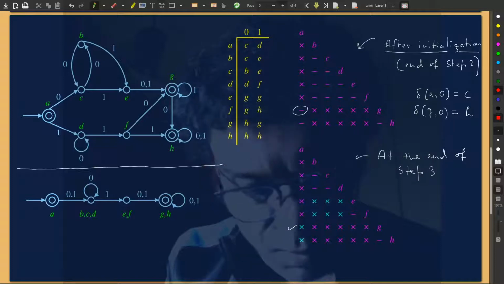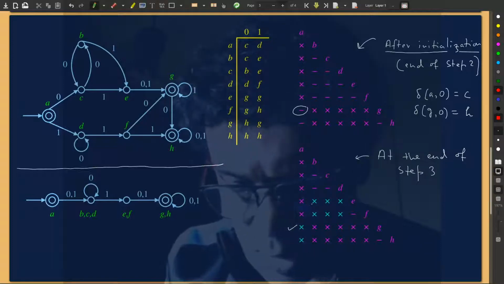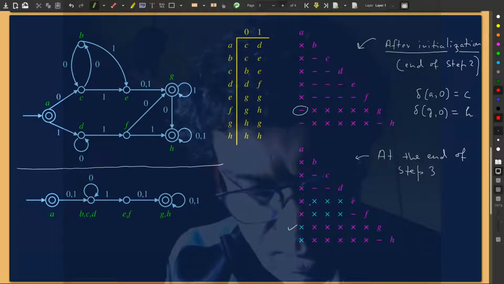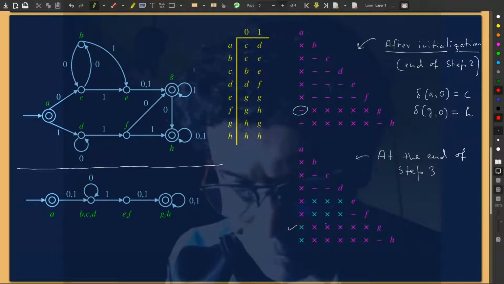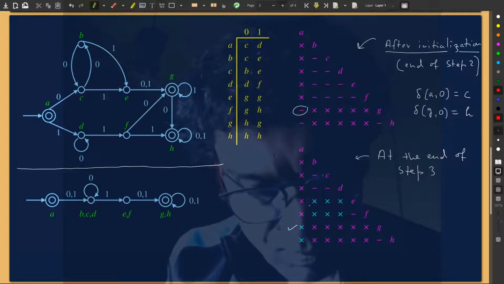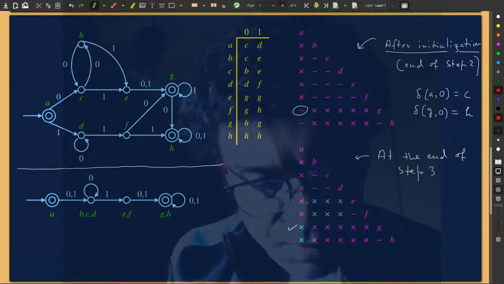Maybe C is not that good. I have also marked B, E. Actually this example is a little bit too easy.